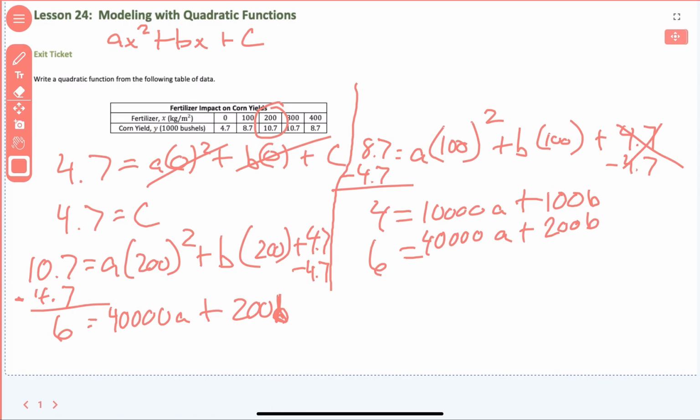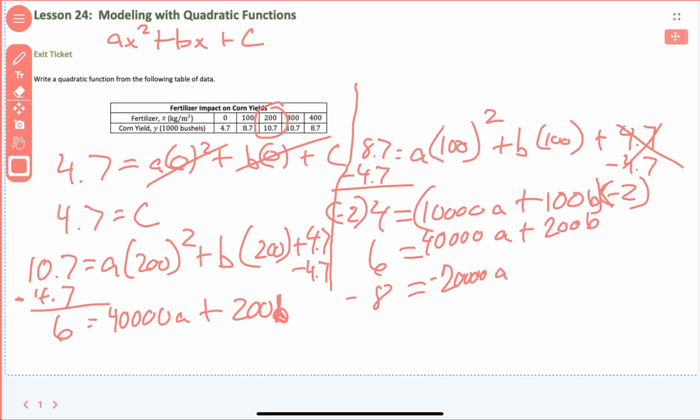So if I multiply through by -2 on both sides, it doesn't change anything. I'm just changing the way it looks. I'm manipulating it.